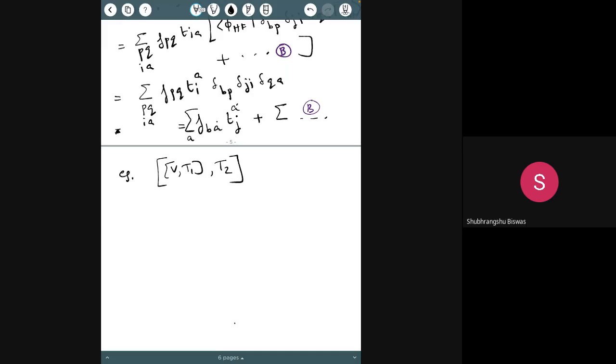Something like this, then one of the terms there could very well turn out to be V_IJKL, T_IA, T_JB, T_KC maybe, and it is contracted over I, J and K.